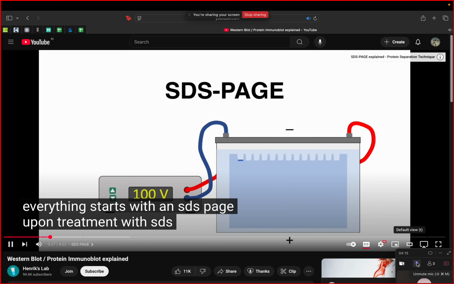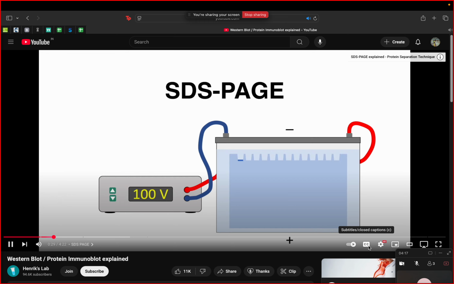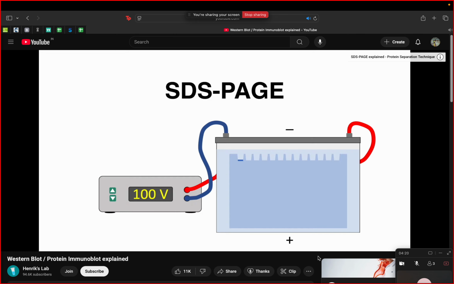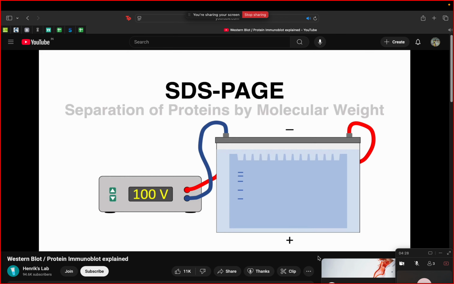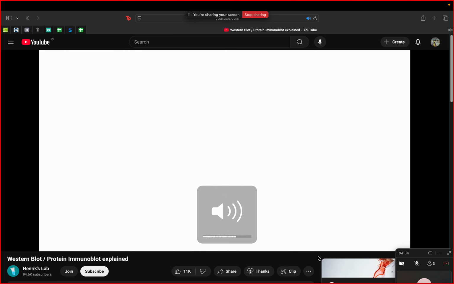Upon treatment with SDS, all proteins in a sample are denatured and covered by negative charges. The proteins have a similar mass to charge ratio and travel through the gel to the positively charged anode. This allows to separate proteins according to their molecular weight.